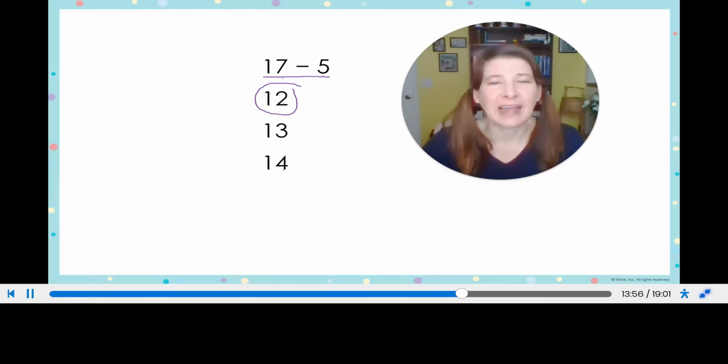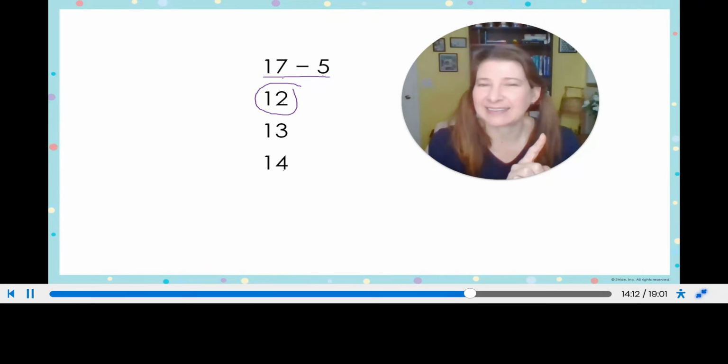So now you decide, do you want to count on or do you want to count back? Which one makes more sense? Counting on would mean starting at 5 and going all the way up to 17, and that sounds like a lot of counting. So I'm going to count back instead. Start at 17 and count back 5.